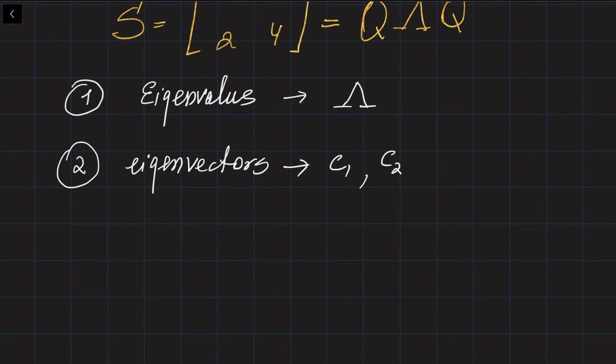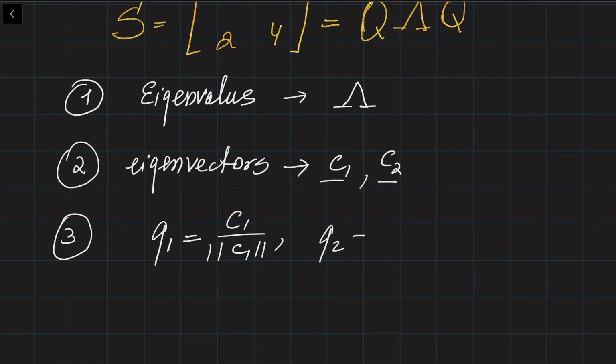I'm not going to put them directly as the columns of Q, because these two eigenvectors are going to be orthogonal, since S is a symmetric matrix. But they're not orthonormal, so we need to normalize them. So Q1 is going to be C1 divided by the norm of C1, and Q2 is going to be C2 divided by the norm of C2, and that's going to create the matrix Q. And that's it. This is essentially how we construct the diagonalization of a symmetric matrix.